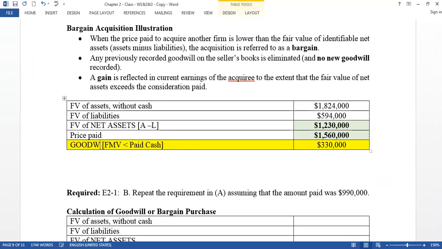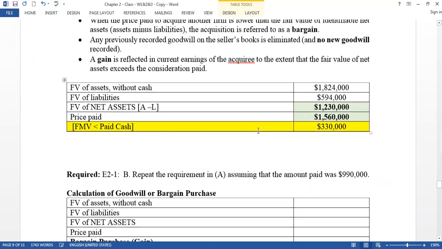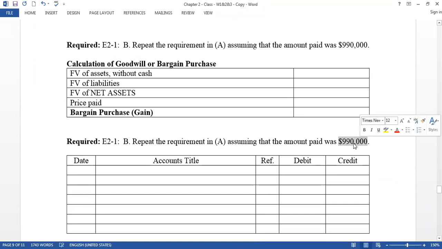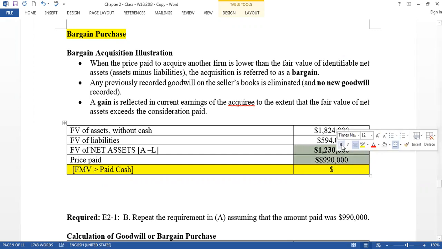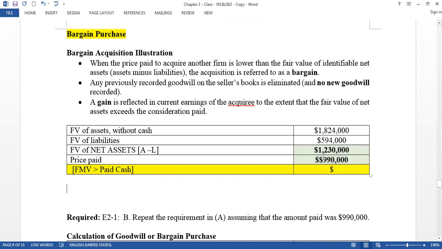Here we use the same example. For example, we are not going to pay this amount, we are going to pay this money. Here fair market value is higher, I just changed the number, and the cash we paid is lower. Compare these two again. Fair market value is $1,230,000, but we pay cash only $990,000.